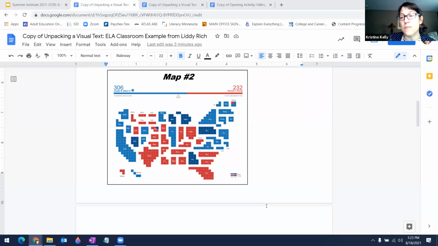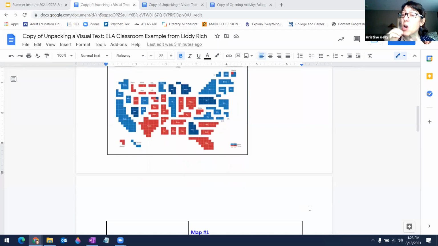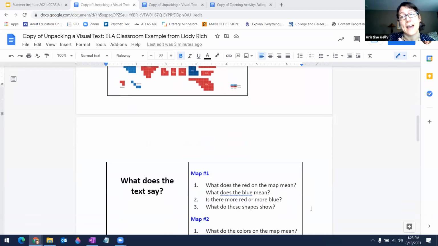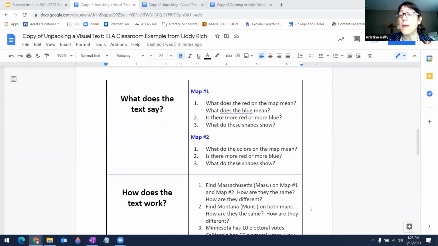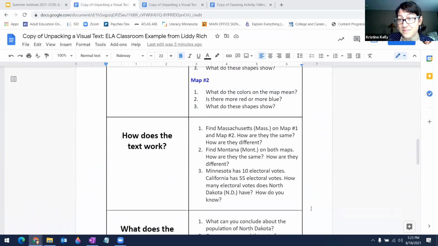And I am going to ask Liddy, I don't want to put you on the spot, but if you could just take a moment to explain how you started. You originally did the activity with the top map, and then you decided it could have gone maybe better, and you decided to add another visual.